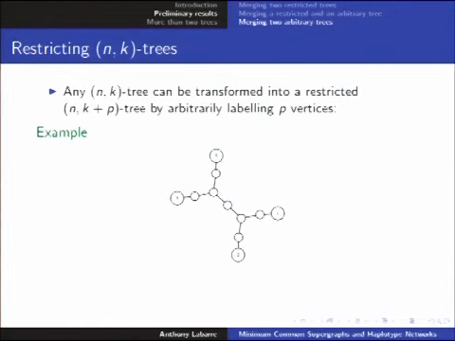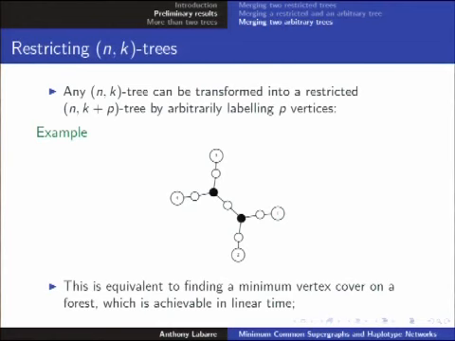In particular, if I assign any label to those two black vertices, then I get a restricted tree. And so I have to find the minimum number of vertices to label so as to obtain a restricted tree. This is equivalent to finding a minimum vertex cover on a forest, and this is an easy problem.